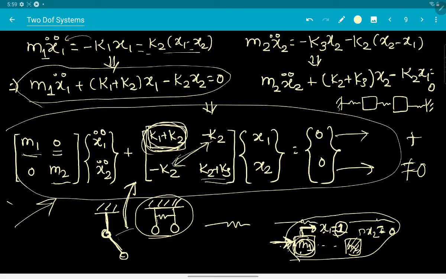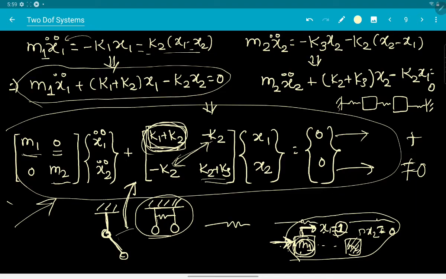However, for another choice of x1 and x2, you may get coupling in the inertia matrix as well, which we already have seen, but we generally prefer doing it in this fashion because it gives us ease of solution, which you will be able to appreciate at some point of time. So this is the reason why we go for stiffness coupling.